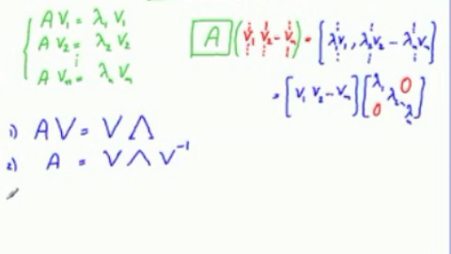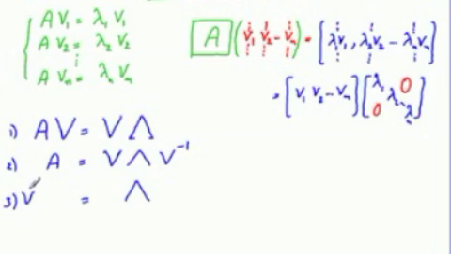A third version of this is to say, well, instead of taking this V and bringing it here, maybe take this V and bring it on the left. Tell me how to write that one. So in this version, I try to get rid of this V. Okay, tell me, on the right hand side, I want to be left with just a lambda. Now you read out to me what should be written on the left side of this guy.